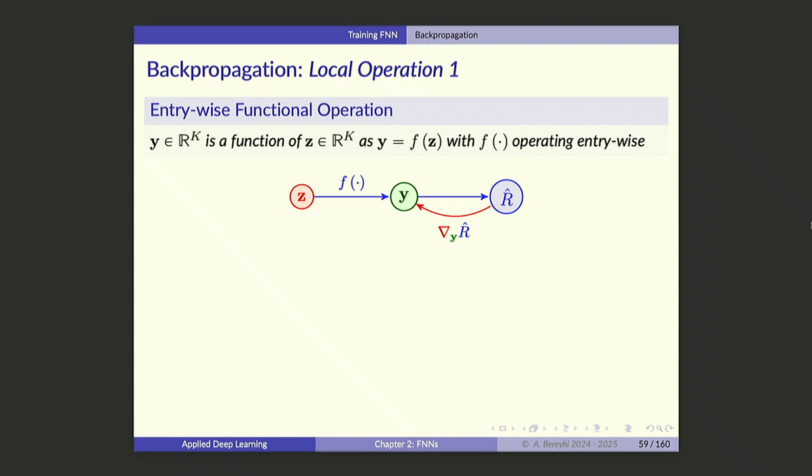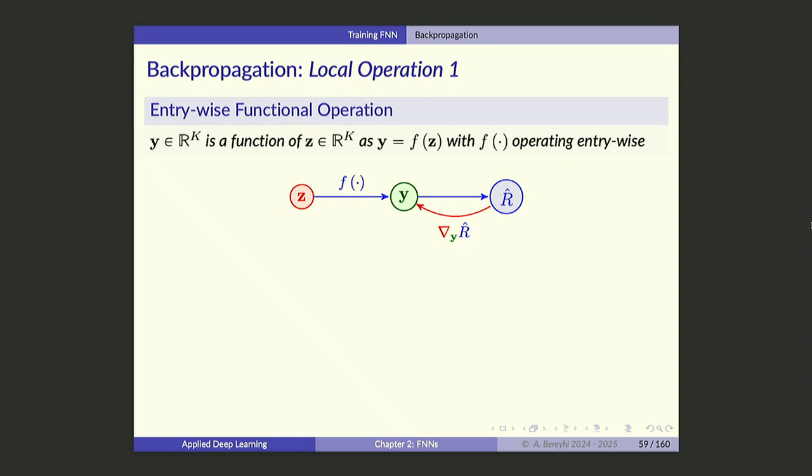Like y1 is f of z1, y2 is f of z2, and so on till the last one. Okay? Do we do this in neural networks? Yes. When do we do that? When we do activation, right? So we compute z, and then out of z, we just activate it by some activation function. And the activation function operates entry-wise, right? So you can think of that.